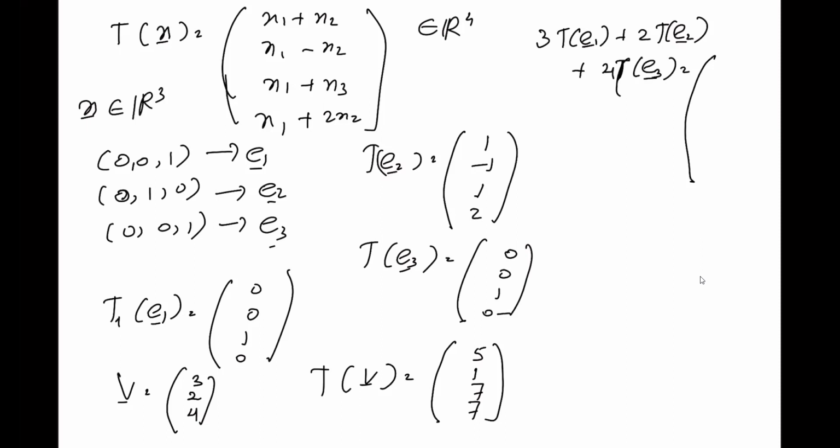This one TE3, x1 plus x2. Wait a minute, I think 3 to 4. This is 0, this is 0, first element, third element, and this is 0, and this is one, second element only, 1, 0, 1.